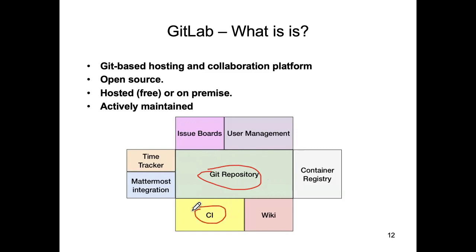We're not going to use any of the other ones, but if you scan down through them, it provides a service for issue tracking. It provides user management, so you can manage the different access privileges for different members of your software development team. Maybe you want certain members to only have access to the Git repository and not to the CI or whatever.